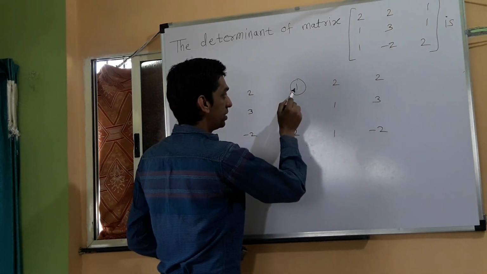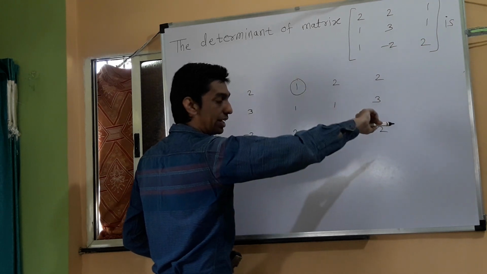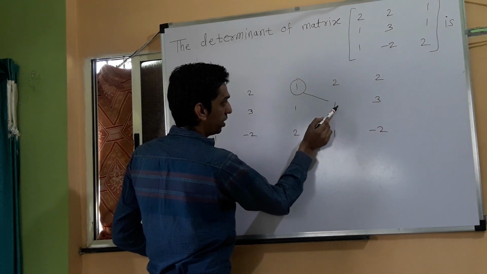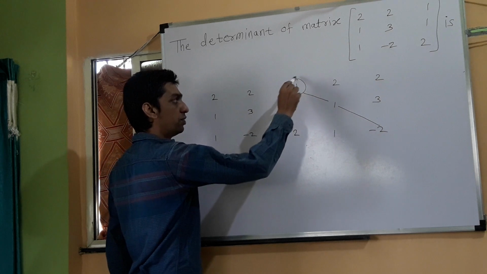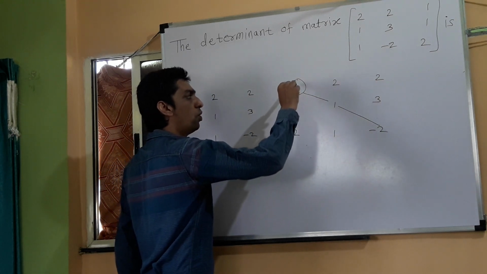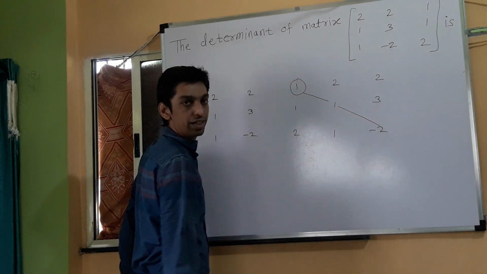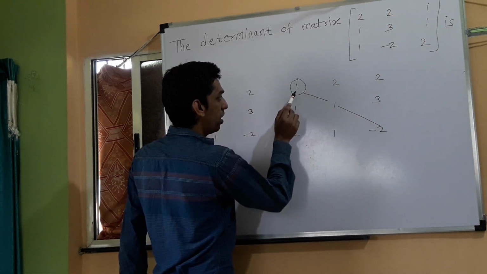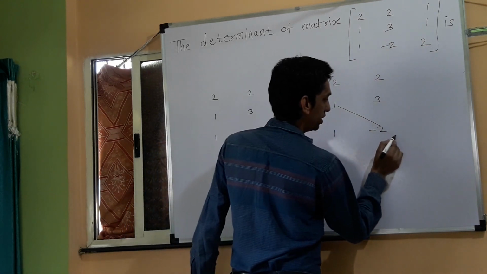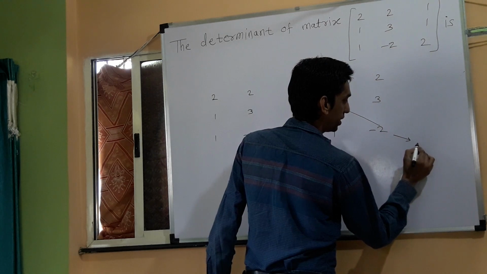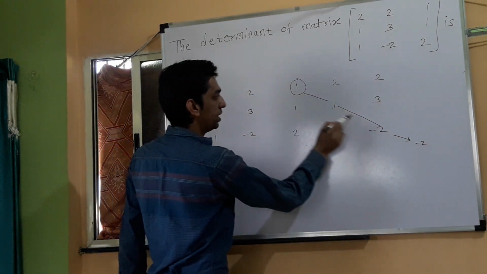See here, from this center element we go diagonally to the right-hand side. I have marked the diagonal here, and then multiply all these three numbers. So 1 into minus 2, so this becomes minus 2.